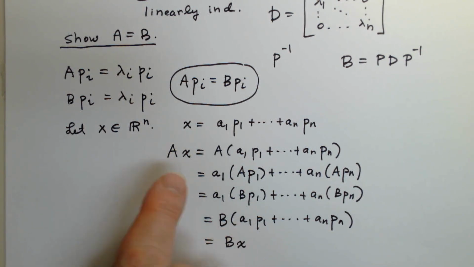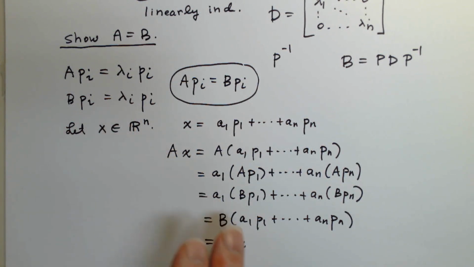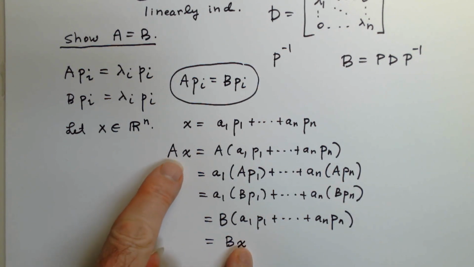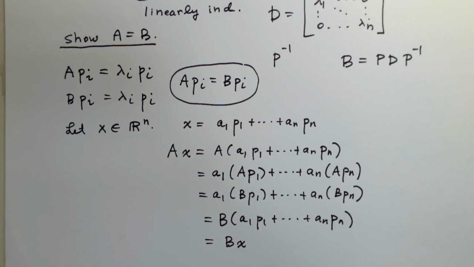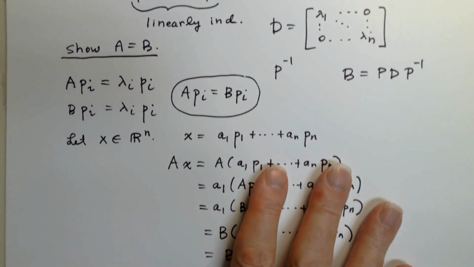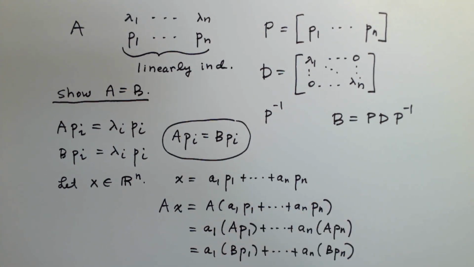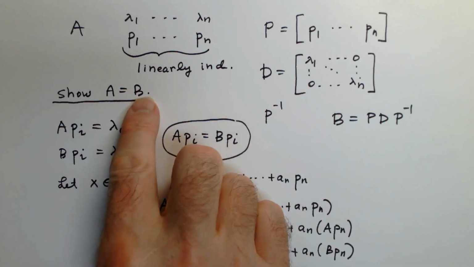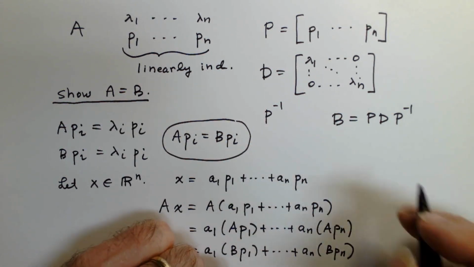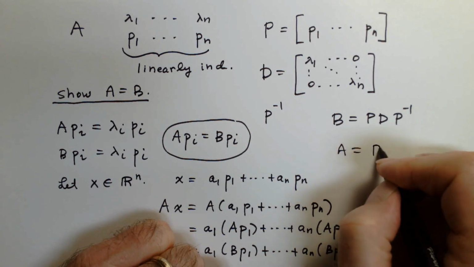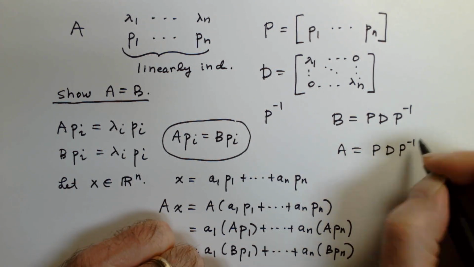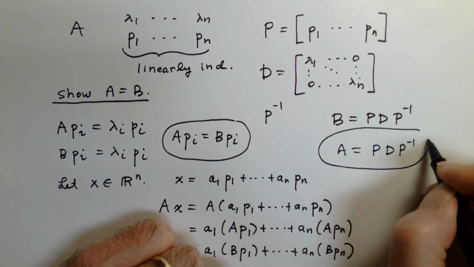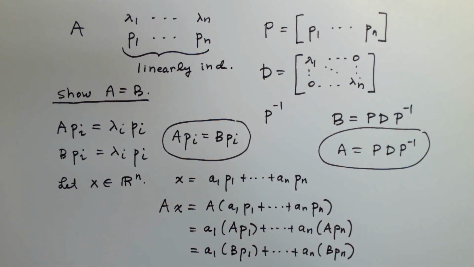Column by column, the matrix A and the matrix B must be the same because A times x and B times x are equal for every x in Rn. So this brings a conclusion to our proof. We now know that A is equal to B, and that is tantamount to saying that A is representable as P times D times P inverse. A is diagonalizable.